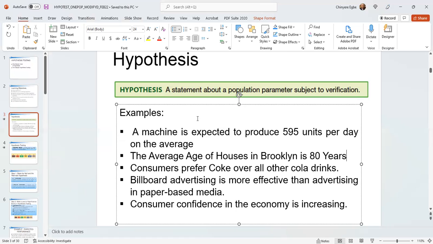Okay, you can say consumers prefer Coke over other cola drinks. All right, and so here is a test of proportion. Billboard advertising is more effective than advertising in paper-based media, and so forth and so on. So these are examples of a hypothesis. This is a statement, a claim about a characteristic of a population.